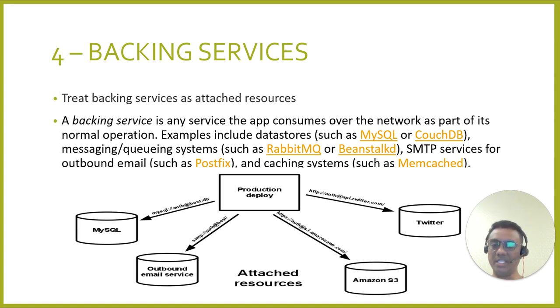For example, the diagram shows a production deployment where the application depends on MySQL, an outbound email service, Amazon S3, and Twitter. These are connected via a URL, which also has authentication information, host, and ports. Basically, all these dependencies are treated as attached resources.